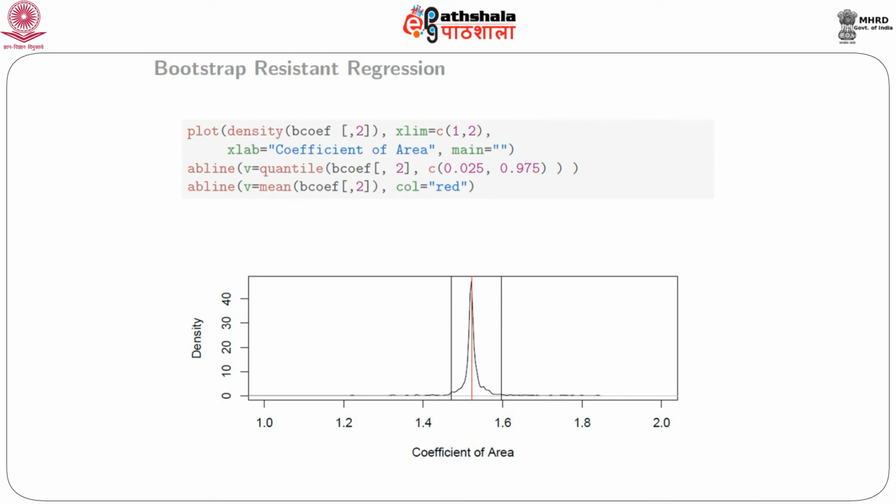We can have the quantiles drawn also on it, and we can draw the mean bootstrap estimate by using abline(v = mean(Bquef[,2])), that is the second column of Bquef, with color red. Now we see that the confidence interval does not contain 0, meaning that area has an effect on species.